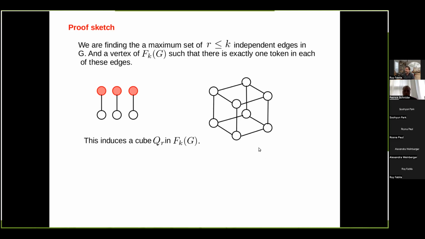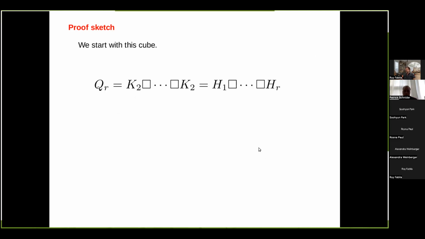And once we have this cube, we say, okay, we have reconstructed a small part of the graph as a product of K2s, right? So let me call these K2s H1 up to HR. Now, what I'm going to do is grow these small parts into larger parts. I'm going to start reconstructing them. And that's tedious, but it's doable.